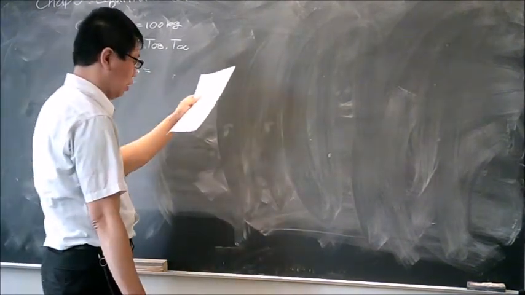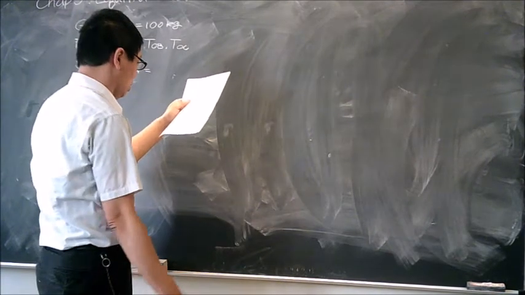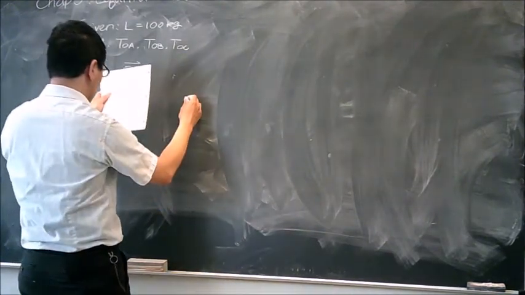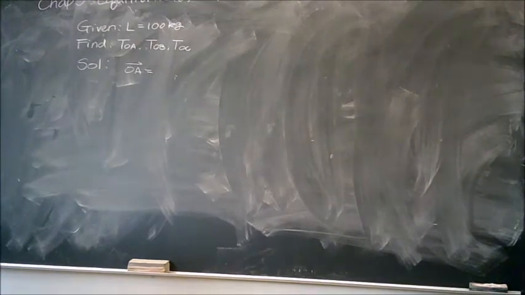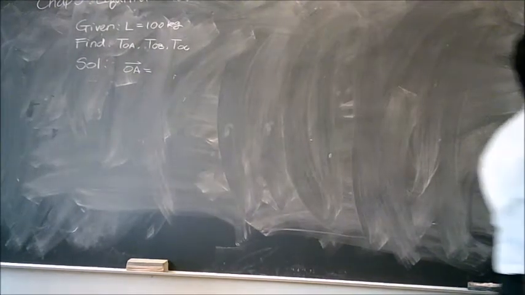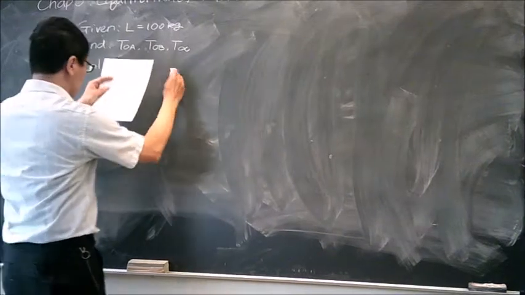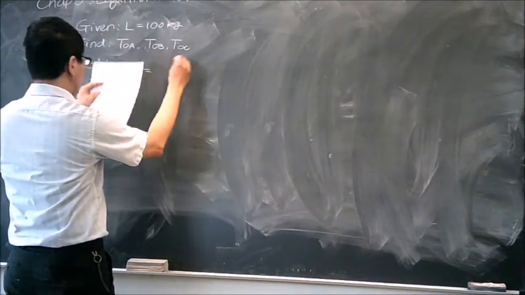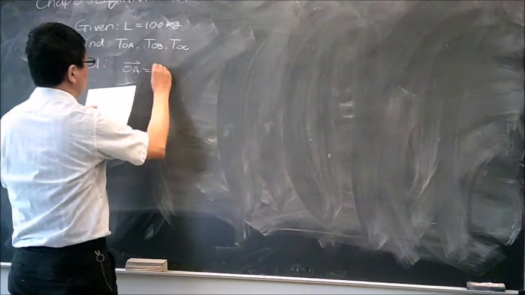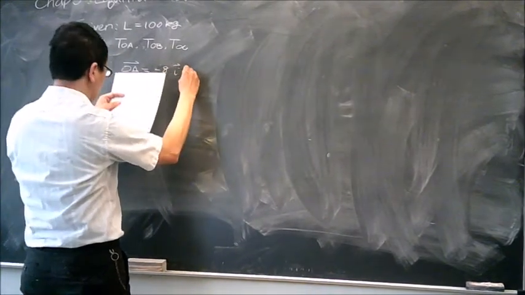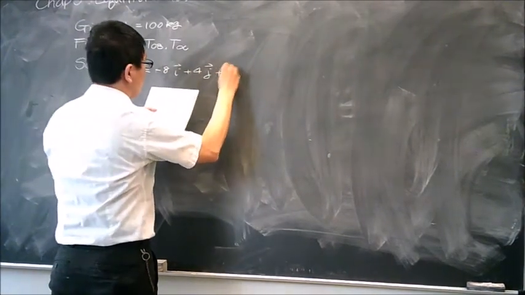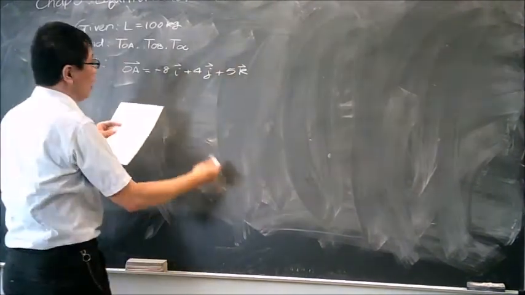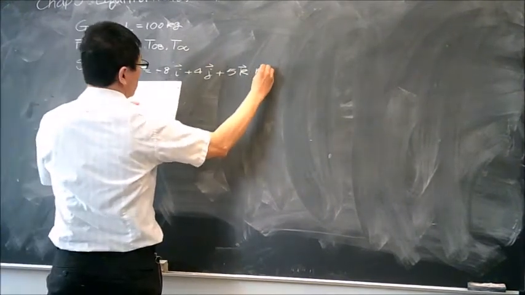For OA, it's going to be negative 8i plus 4j plus 5k meter.